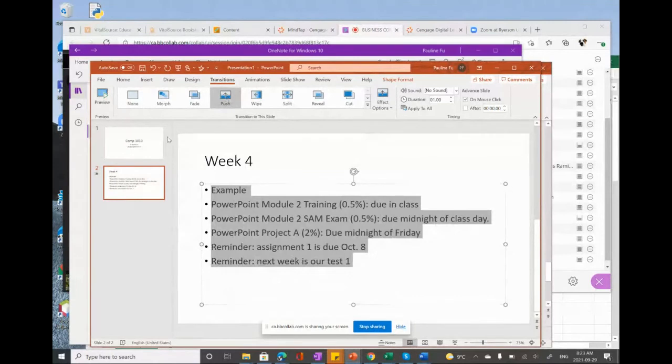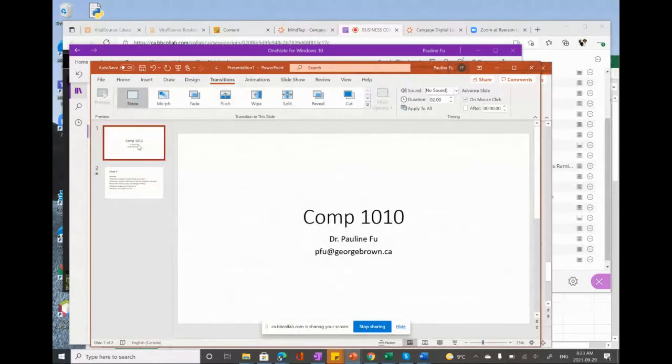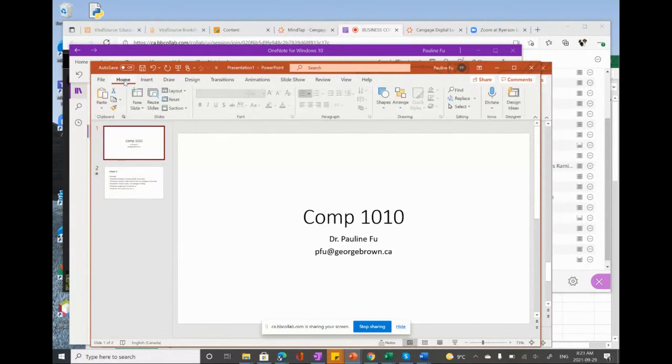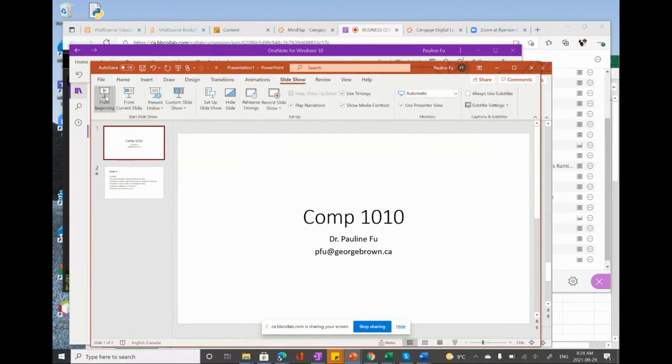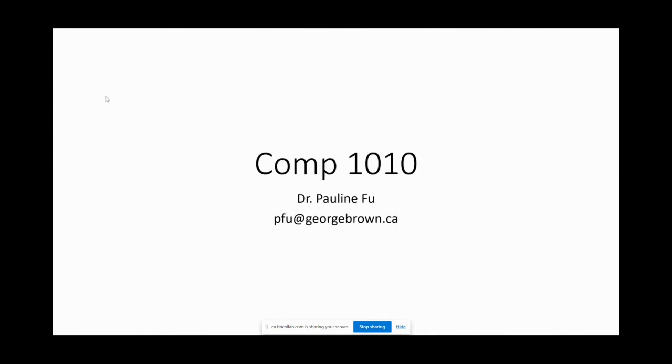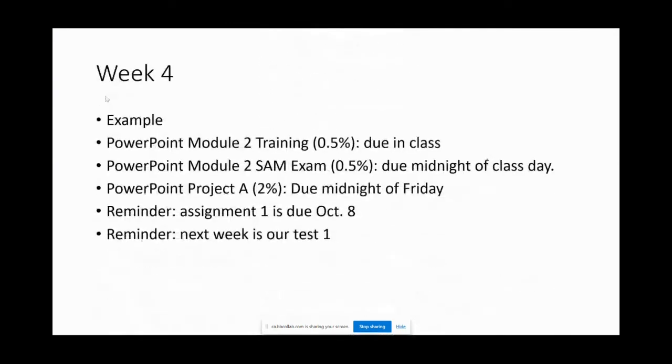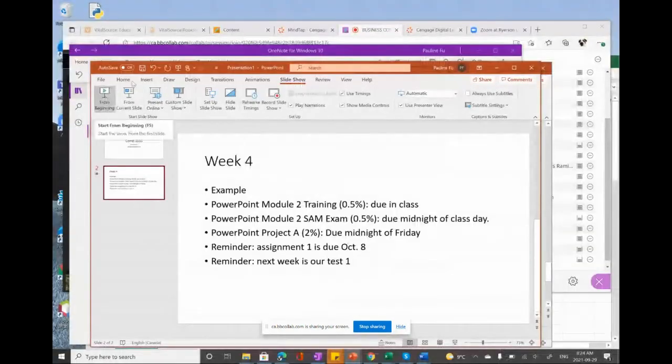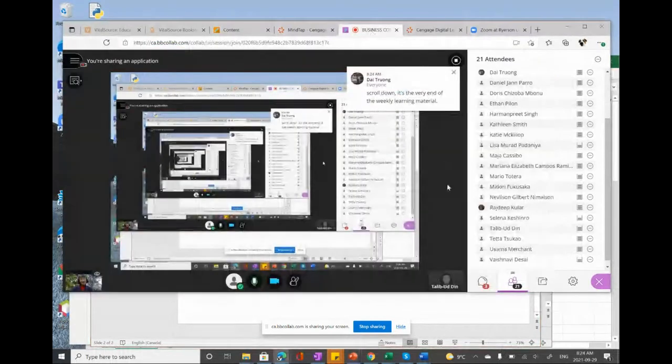So this is the push transition. Now I want to see the effect, so I will go to slideshow from the beginning. When I click the enter button, it goes to the next. See, this is the push transition.